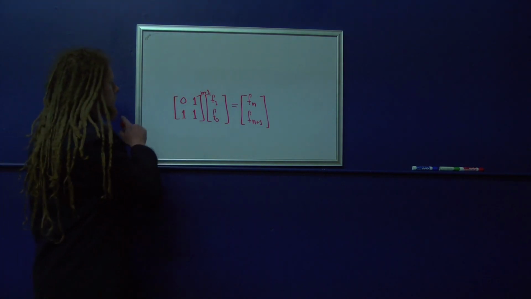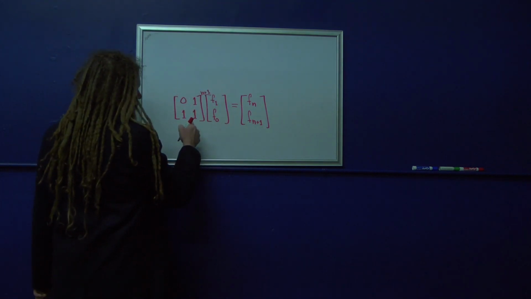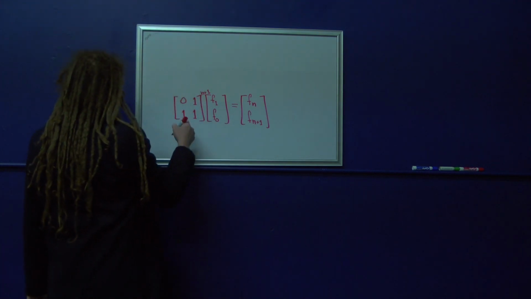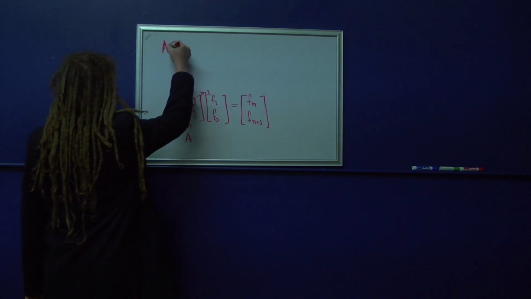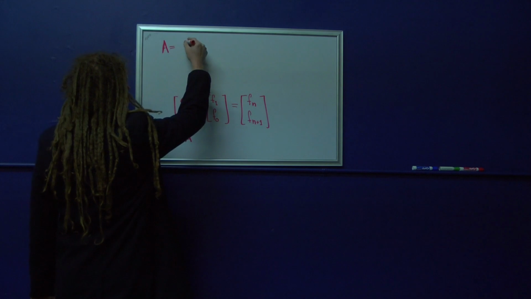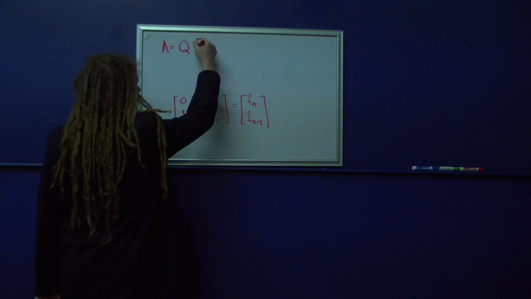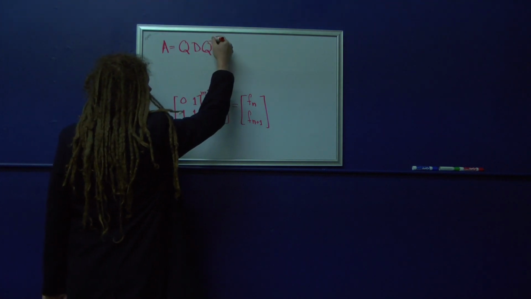So basically what I want is this matrix, let's call it A, is going to be related to a diagonal matrix via some choice of change of coordinates.